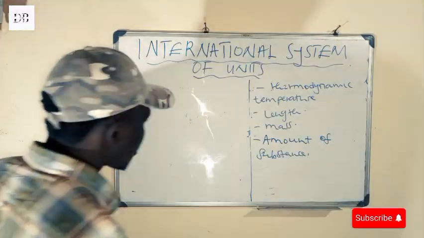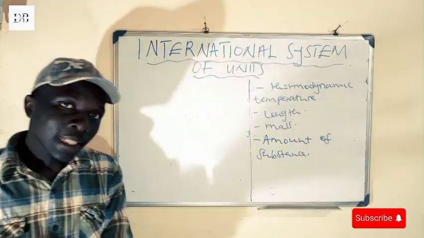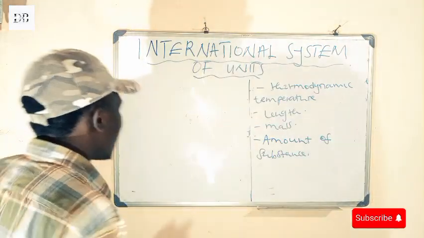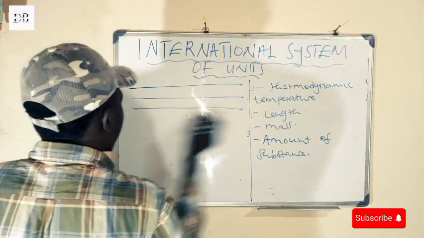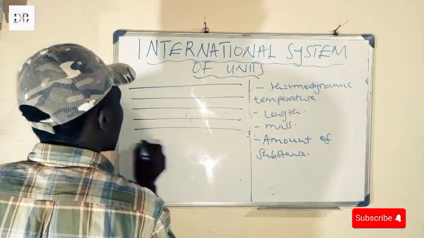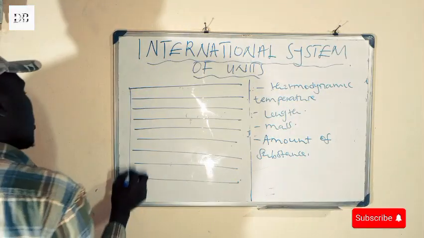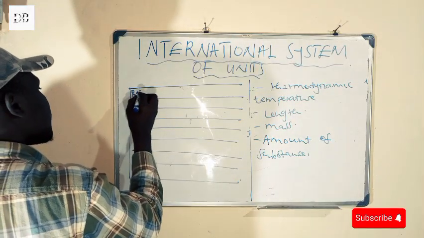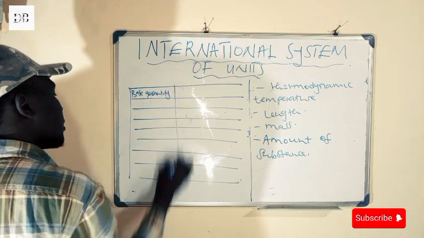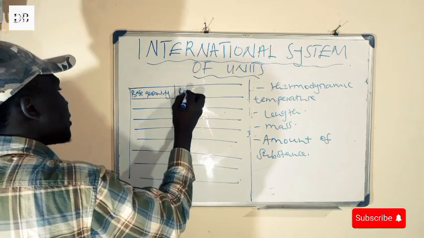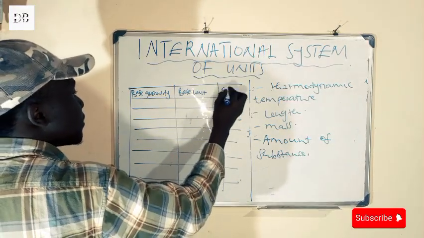This table will show you the base quantity and its SI unit and the symbol. So since we have 7 base units, 1, 2, 3, 4, 5, 6, 7. So put the base quantity. We have the base unit. Then we have the symbol.